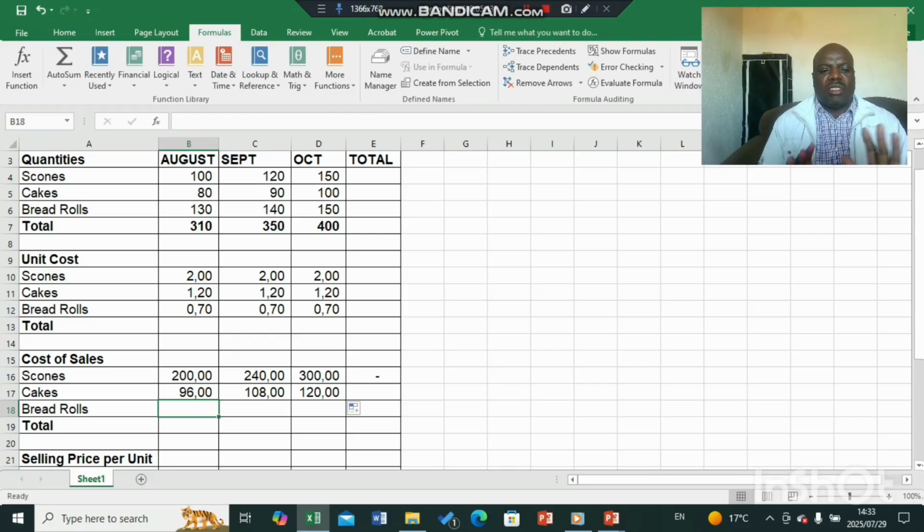Okay, now the bread rolls. How do we do it? Same procedure. 130 bread rolls in August multiplied by the cost per unit of each bread roll, which is 70 cents.